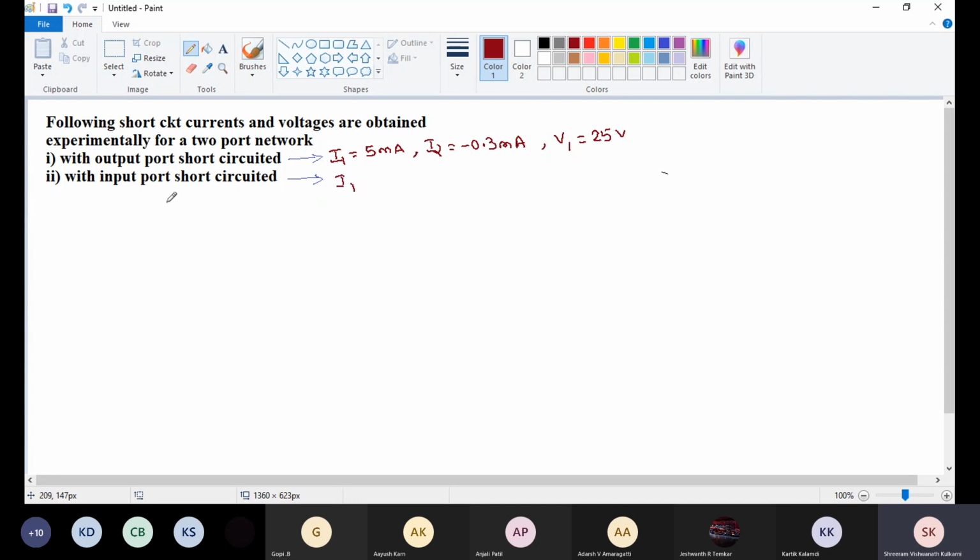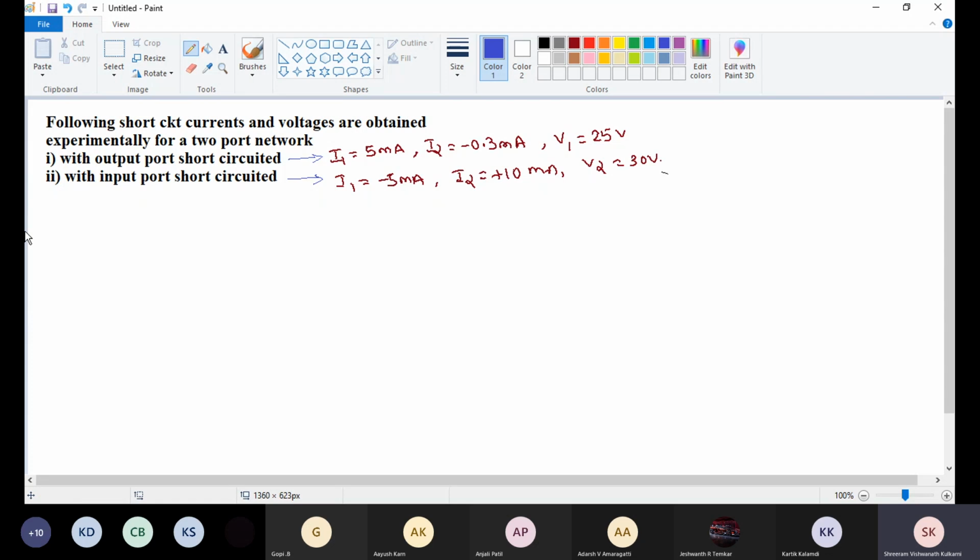Then for input port short circuited: I1 is minus 5 milliampere, I2 is 10 milliampere, V2 is 30 volt. By seeing the parameters given, we can directly say V2 is equal to 0 in the first case, and V1 is equal to 0 in the second case.